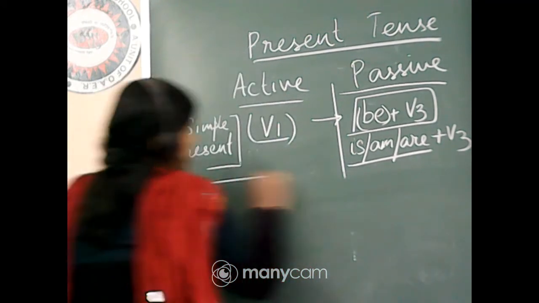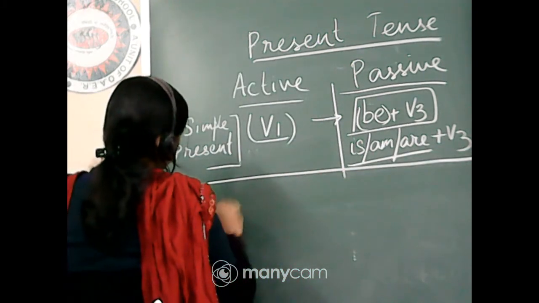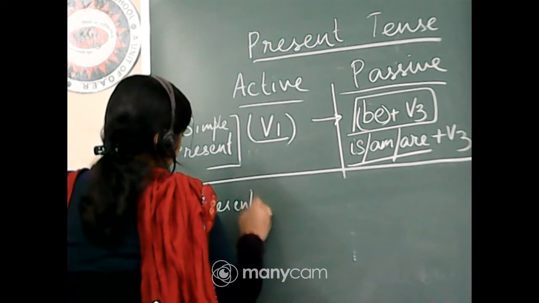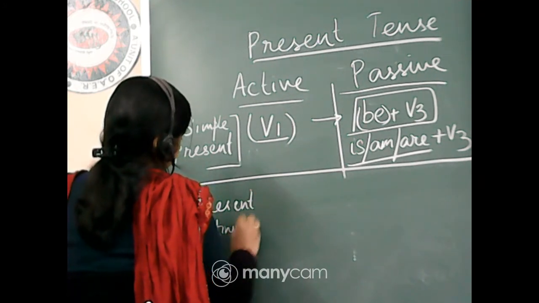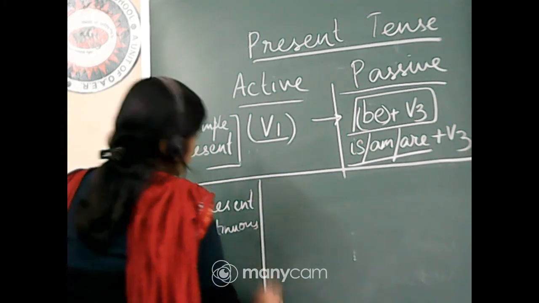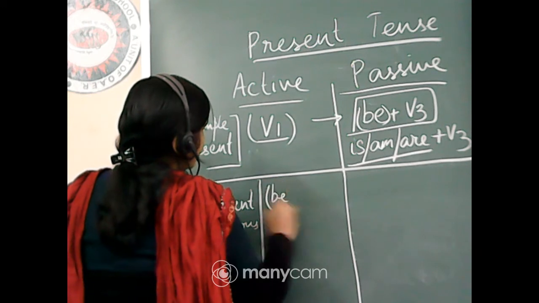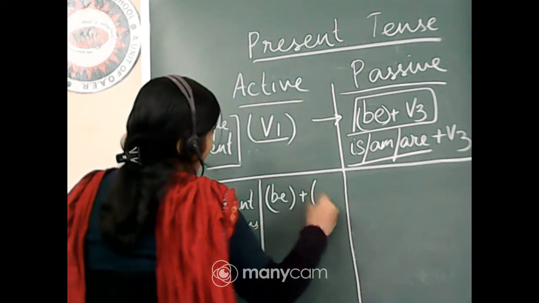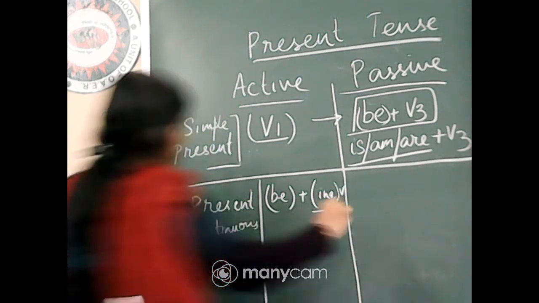Now let us come to present continuous. It's also very easy. Be verb plus ing form of the root verb.